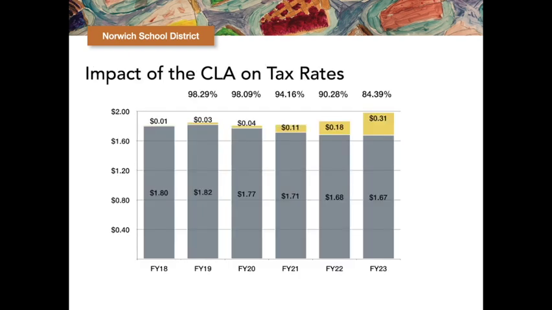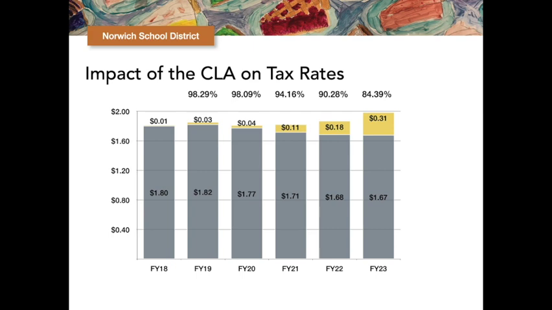There's another variable that has a big impact on the tax rate, and that's not a part of the weighting study, but it is worth discussing. It's the Common Level of Appraisal, or CLA. If you're not familiar with the CLA, it's a measure designed to adjust the property values based on recent home sales.